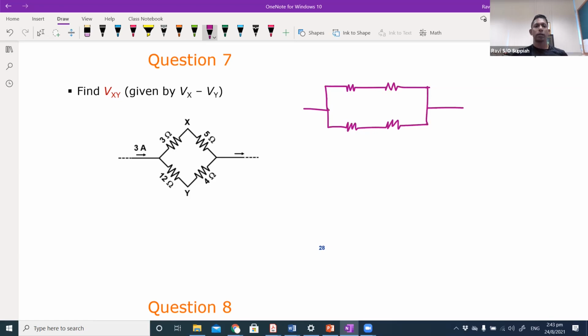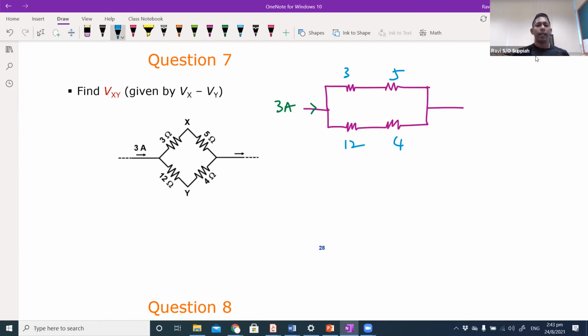So this is basically what is happening. You have 3 ampere coming in, and here you have 3 ohm, 5 ohm, and 12 ohm, and 4 ohm. And what I want to find is Vx and Vy.